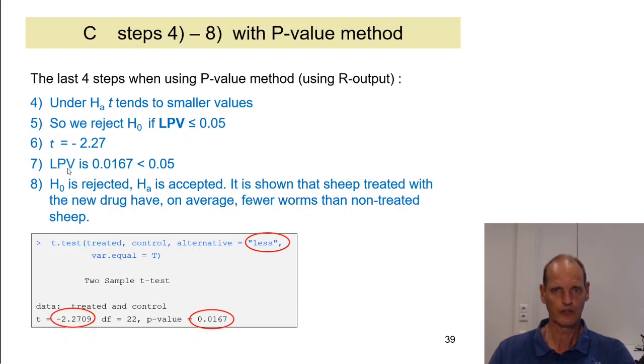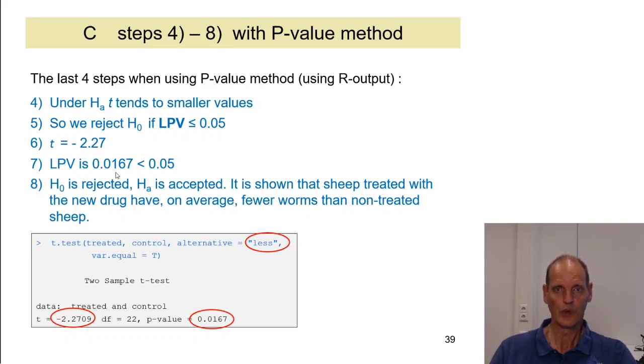The LPV, as we saw, is 0.0167, and that is also given here in R. The R output has a t-test, treated, control, alternative is less, var dot equal is true. The t is minus 2.27, and the p-value is 0.0167. So using the R output, we only have to compare this with 5%, and then we're done. We don't have to look up a table value.